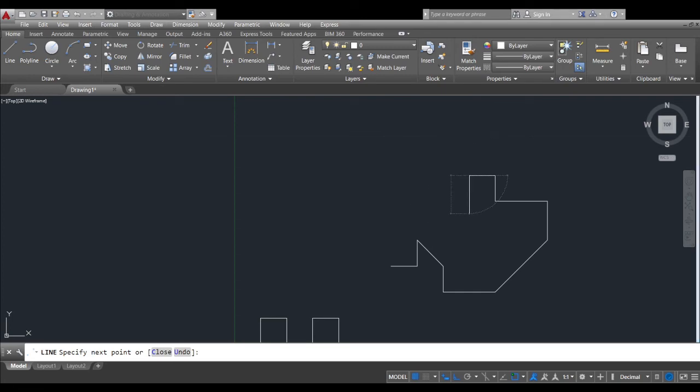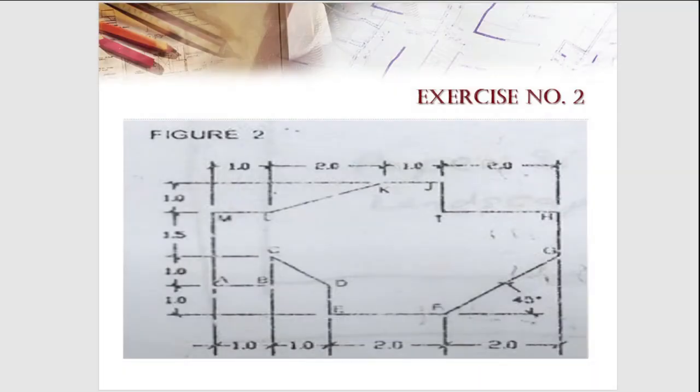And now from our figure, point, okay, where are we? Point L. So point L, we have moved 2 units to the left, so making our x coordinate to be 9 minus 2, so making it 7, and then we moved 1 unit downward, so making our y coordinate to be 17.5.